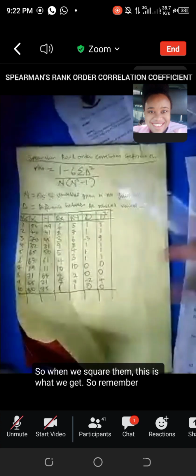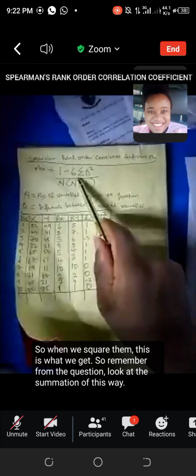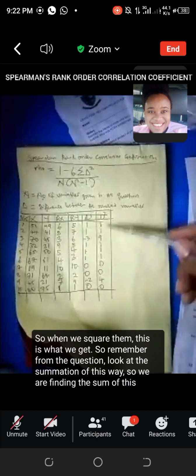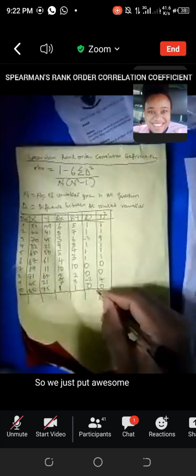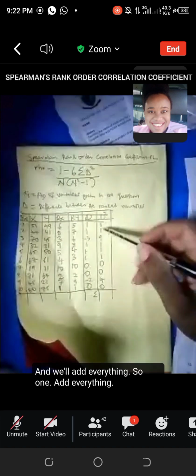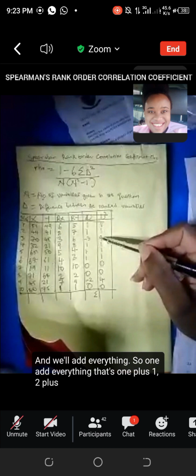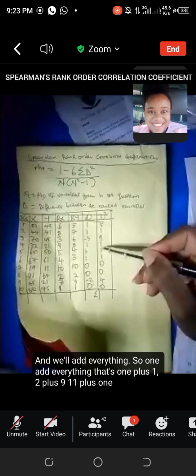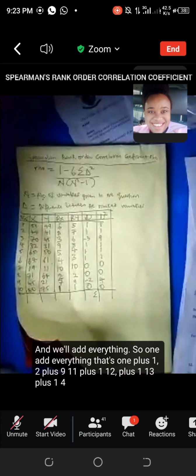Remember from the question, the summation of D square. So we are finding the sum of this. So we'll just put our summation value here and we add everything. So when we add everything, that's 1 plus 1, 2 plus 9, 11 plus 1, 12 plus 1, 13 plus 1, 14 plus 4, 18. So the summation of D square is 18.